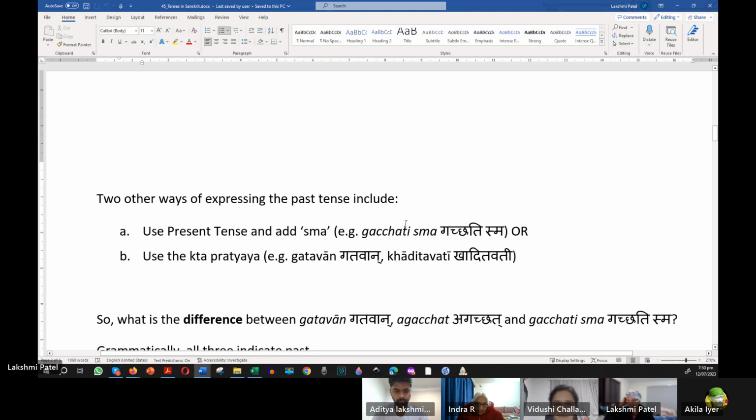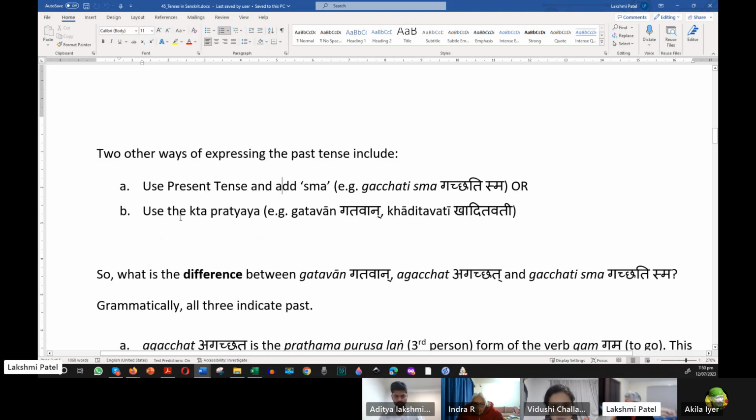Now, what is the difference between these three types of past tense? So we know gatavan, we know agachat, and we know gacchati sma. Saha gatavan, saha agachat, saha gacchati sma. All three indicate the past tense.